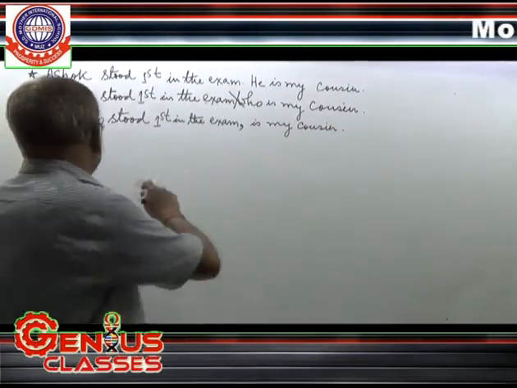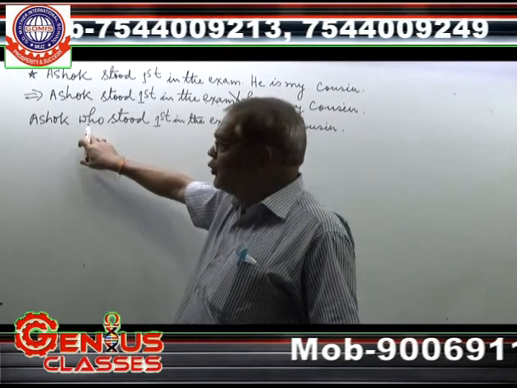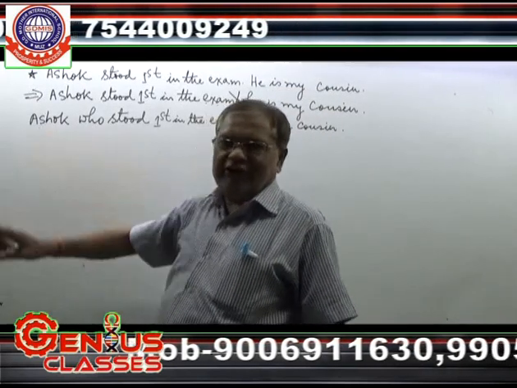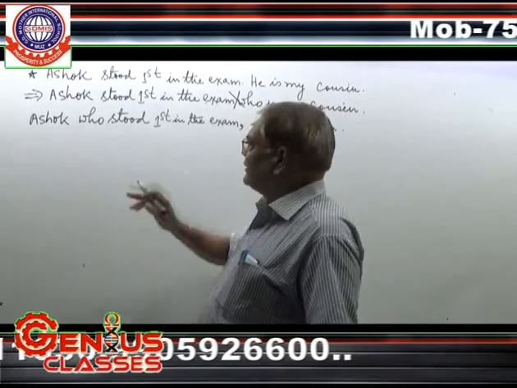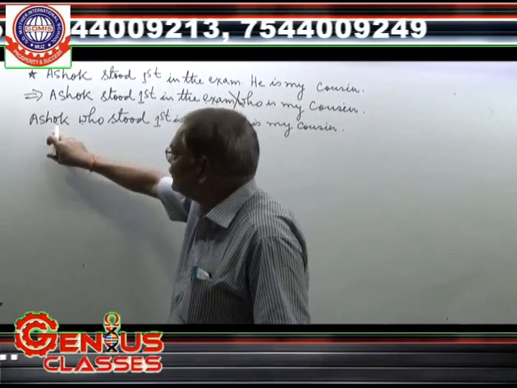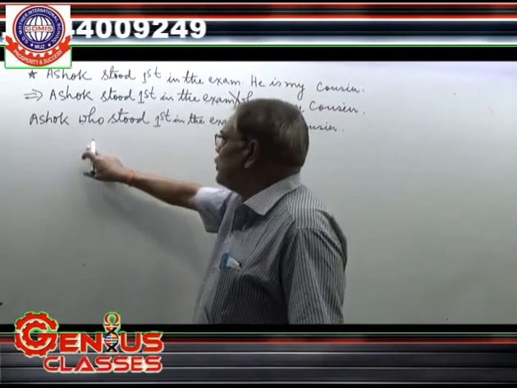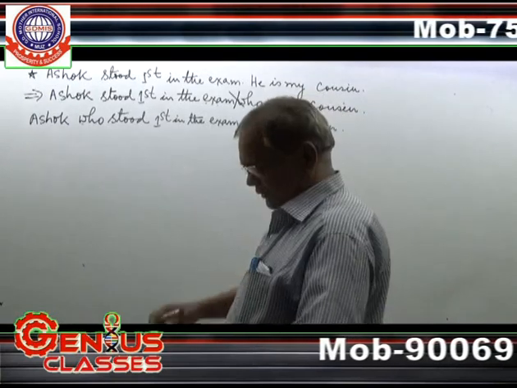So here it has been suitably matched. Just before who is Ashok, a man, a person, and for a person the relative pronoun who is used. So this is the correct answer. Ashok, who stood first in the exam, is my cousin.